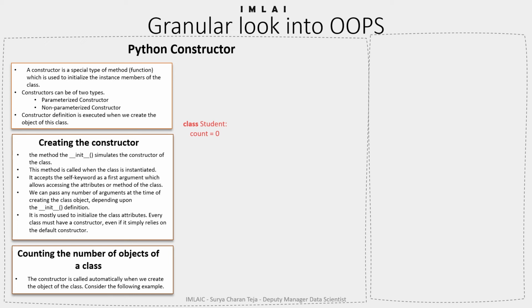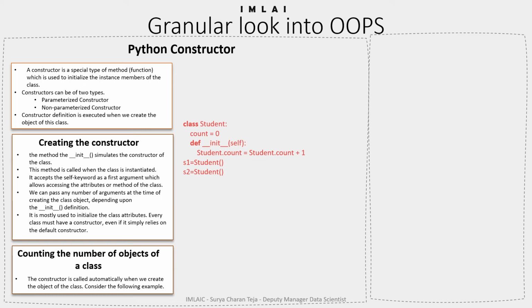I have taken the class Student, with a class attribute count that is 0 by default, and then the init constructor. I have used the default one, with just self. I'm not attaching any variables to it. Now Student.count is equal to Student.count plus 1. And now I am creating s1, the first instance or first object.